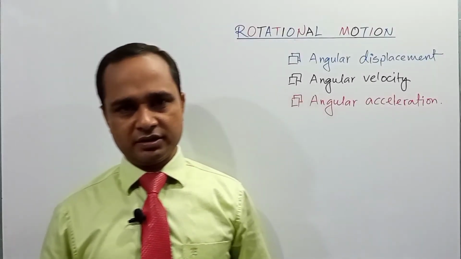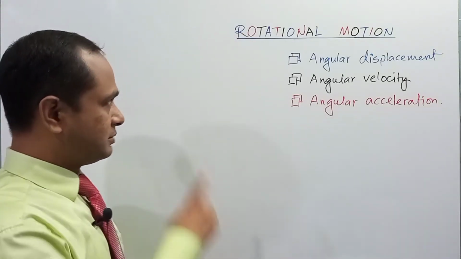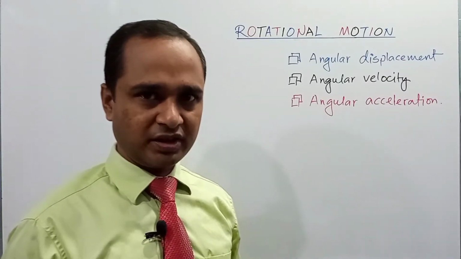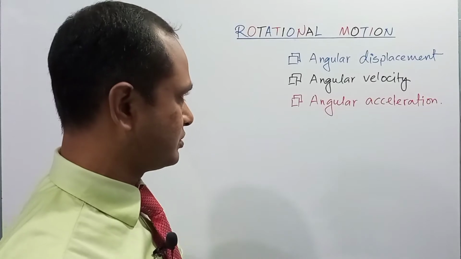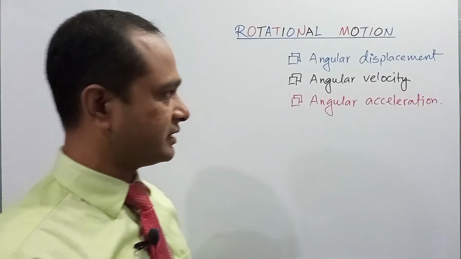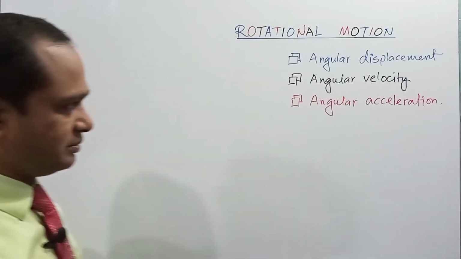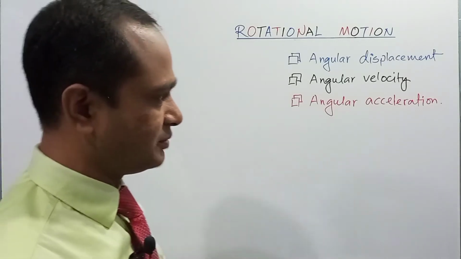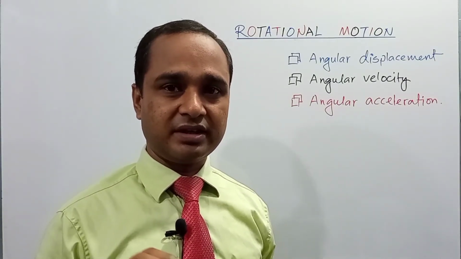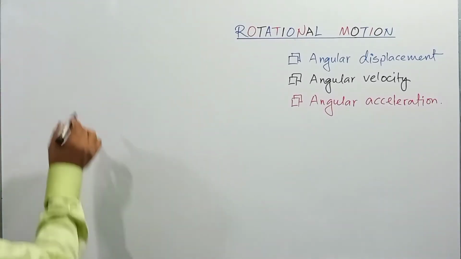Right. Dear students, in our today's class we are going to discuss mainly rotational motion or circular motion and terms related to circular motion, that is angular displacement, angular velocity and angular acceleration. From our previous discussions, we have discussed linear motion, that is when a body moves along a line.